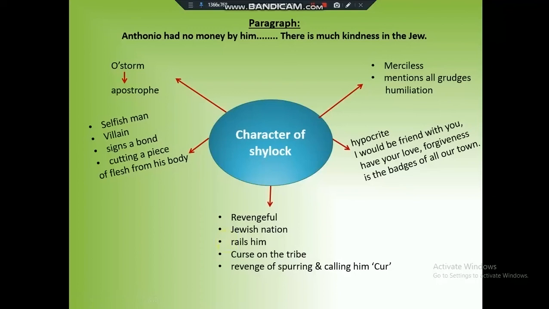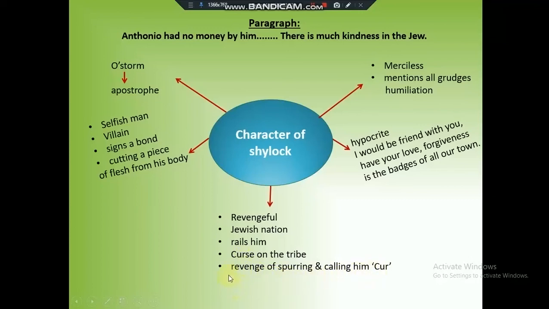Antonio considers the Jewish nation as not a good nation, and Shylock says curse be on my tribe, curse be on my people, if he is not going to take revenge from Antonio. Because Antonio many times kicked him on his back and called him a cur.